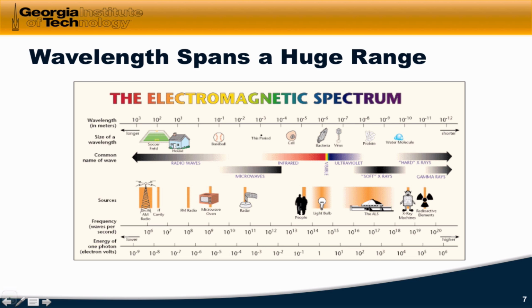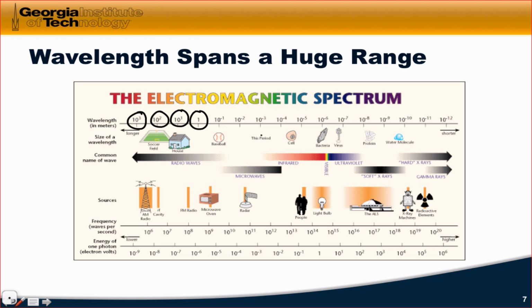Wavelength and frequency and the energy of light can span a massive range. So this slide gives you a feel for the different wavelengths, for example, that we can see. Radio waves, which are the waves that literally the airwaves travel on, are up here at 10 to the third, 1,000 meters, 100 meters, 10 meters, 1 meter. These are radio waves, so about the length of a person, a house, a soccer field, what have you.